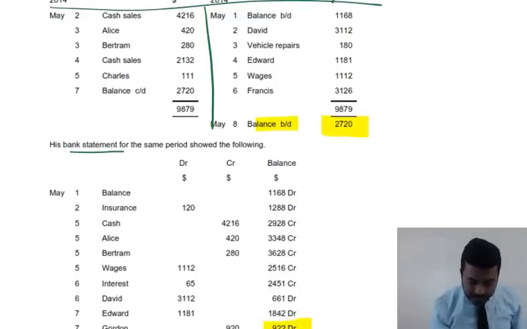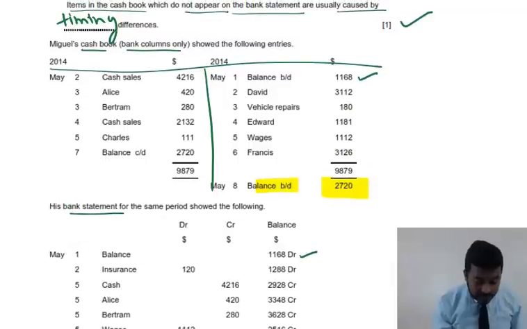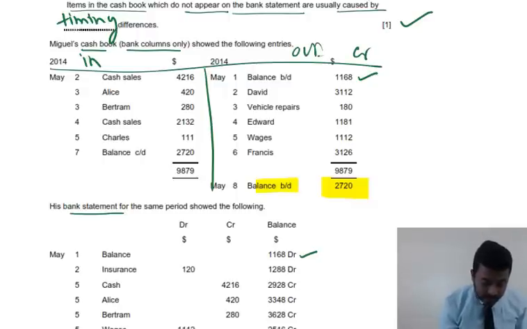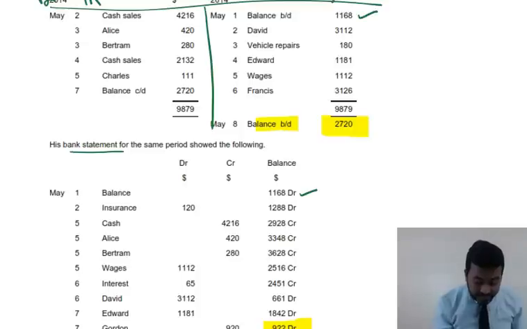On the credit side of your cash book there's a balance b/d, and 1168 on the bank statement, so both of these are ticked off. Then I'll start with the debit of the cash book. This is in, and the credit side is out. And when it says bank statement, DR means out and CR means in.